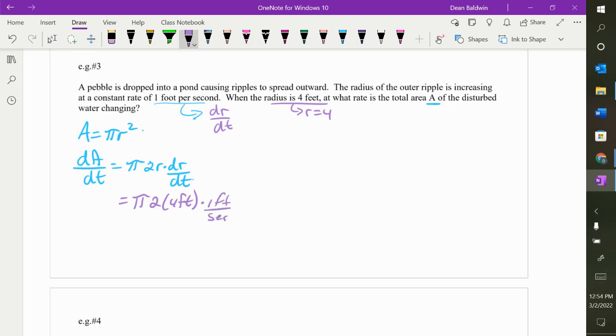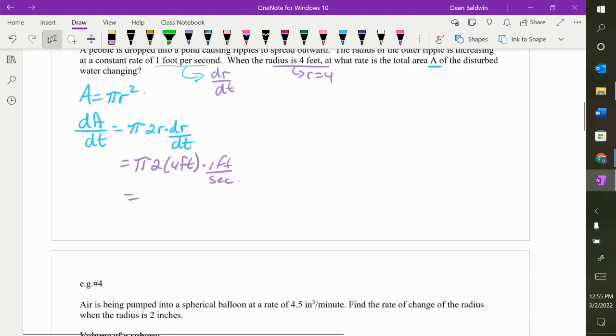And just to show you that the units will work out as well, if you have pi in your equation, because pi is irrational, goes on forever, don't actually use it. Just write pi. So for example, 2 times 4 is 8, times 1 is 8. So I'm going to write 8 pi feet per second. Now you can use 3.14, but you're rounding off, so it won't be as accurate.